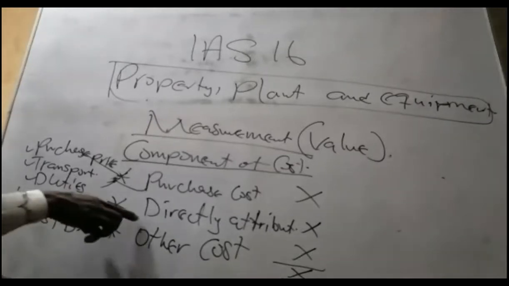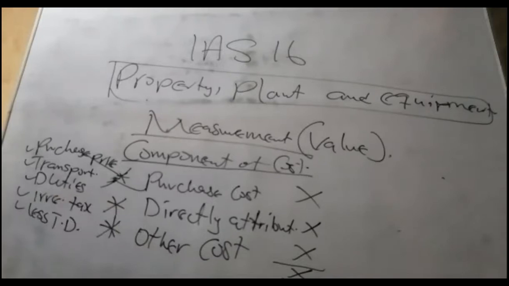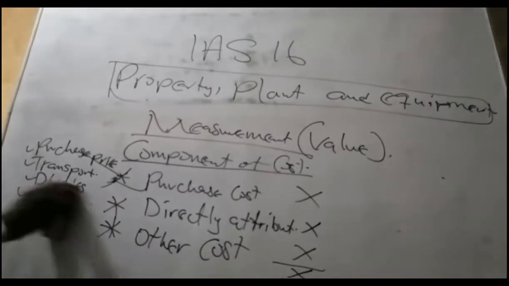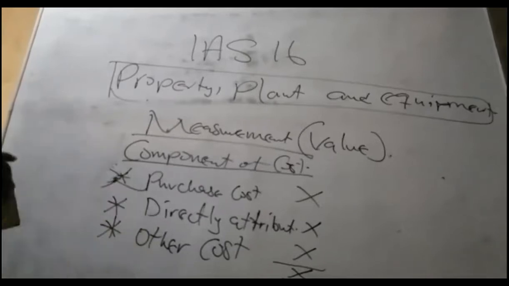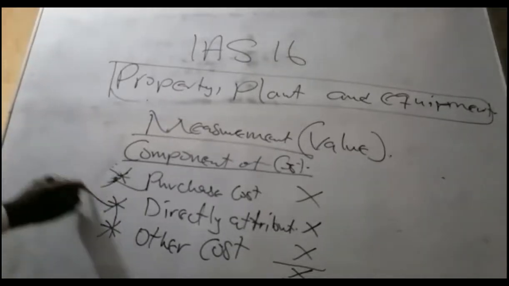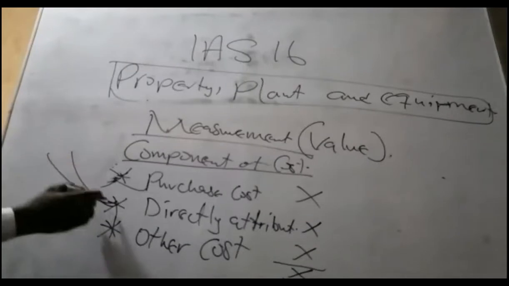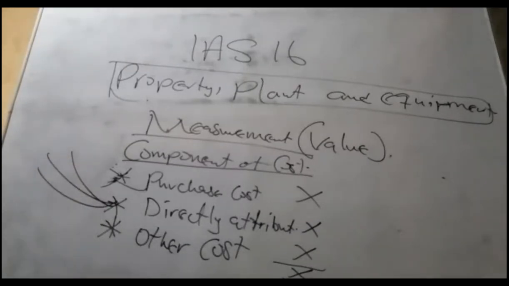Now let's go to directly attributable cost. Good. These are the costs that you incurred on the asset before the asset is ready for its intended use or intended sale.